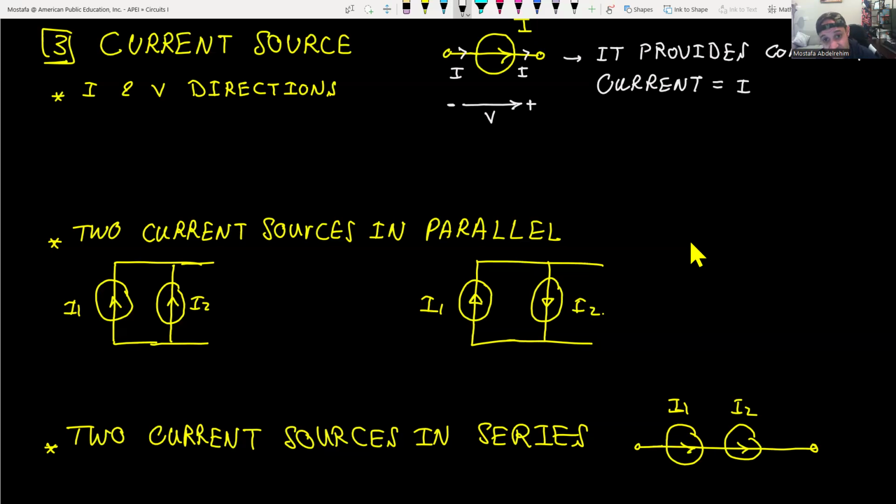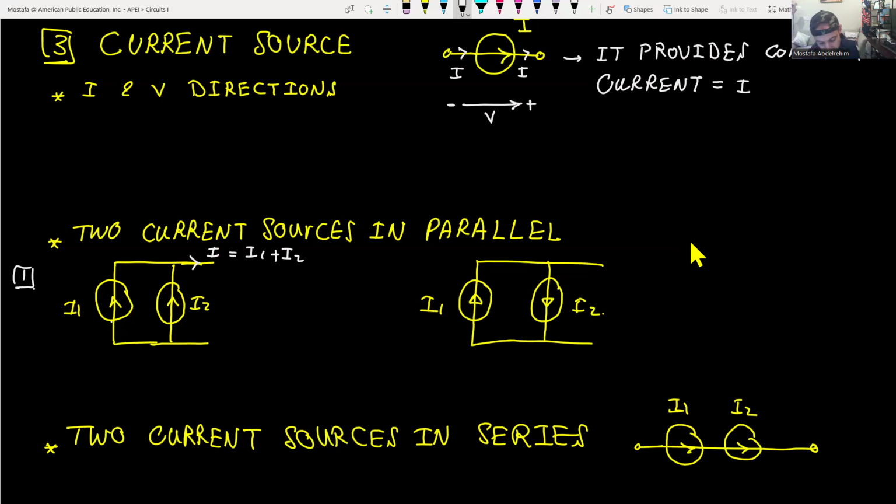So, for example, in this case here, both I1 and I2 in case 1 are going from bottom to up. So there are charges going in two different branches from bottom to up. So we are expecting that the total current here is basically I1 and I2.